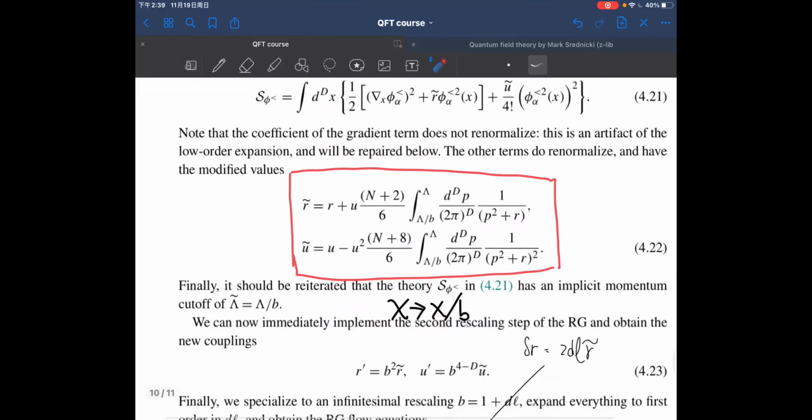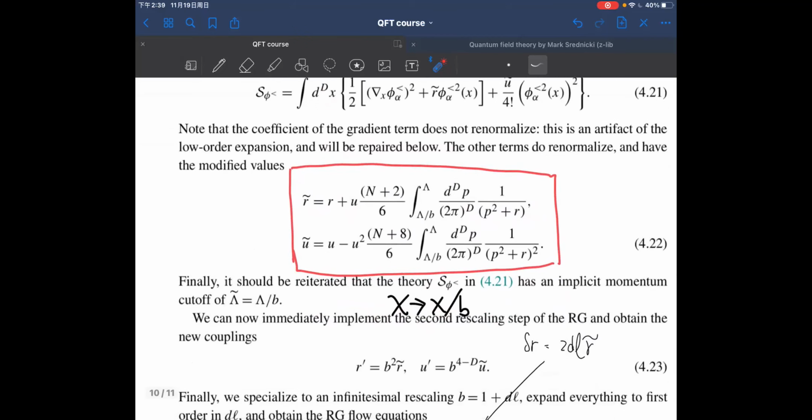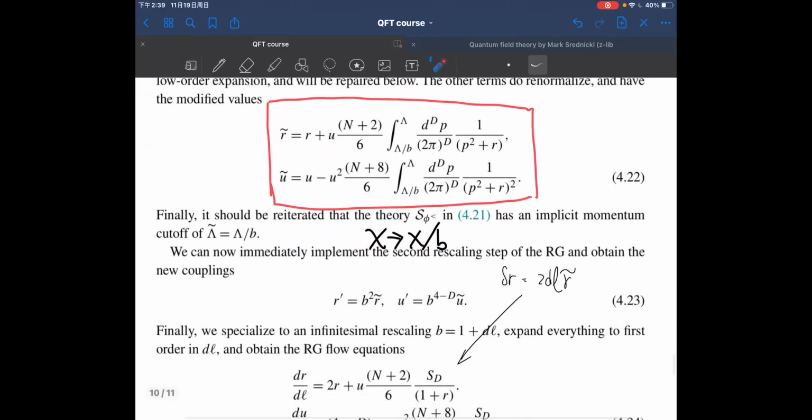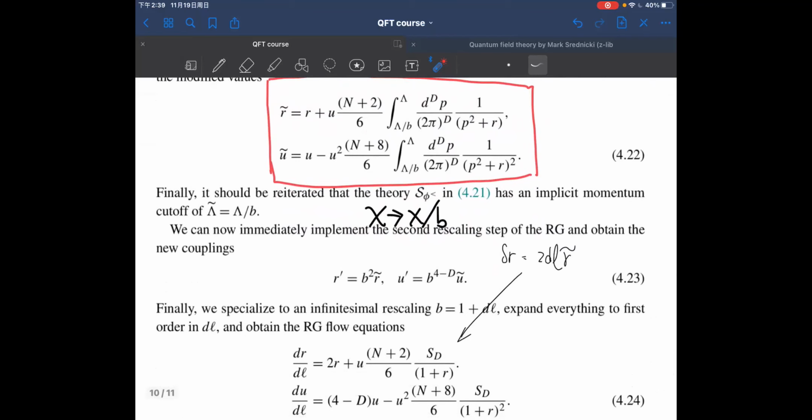Then you do the rescaling step. The rescaling step is required to make the theory invariant.